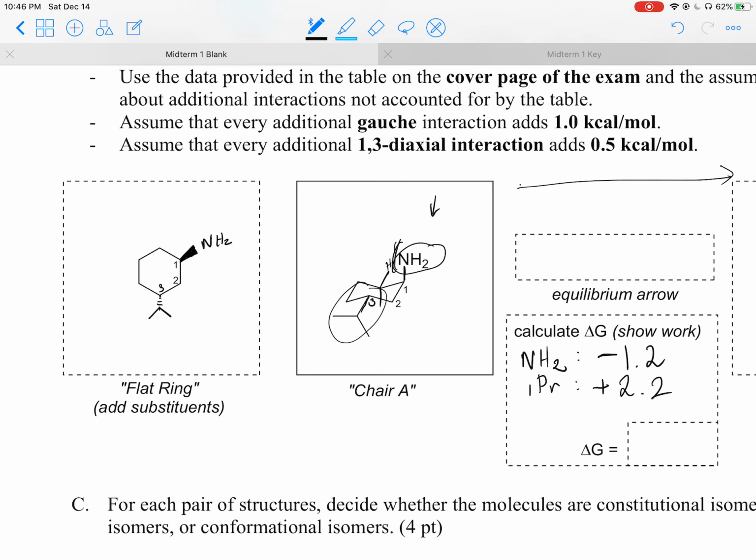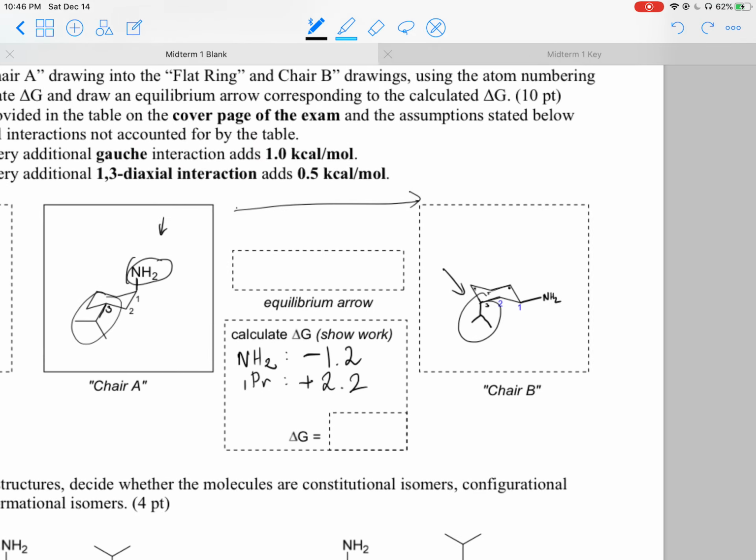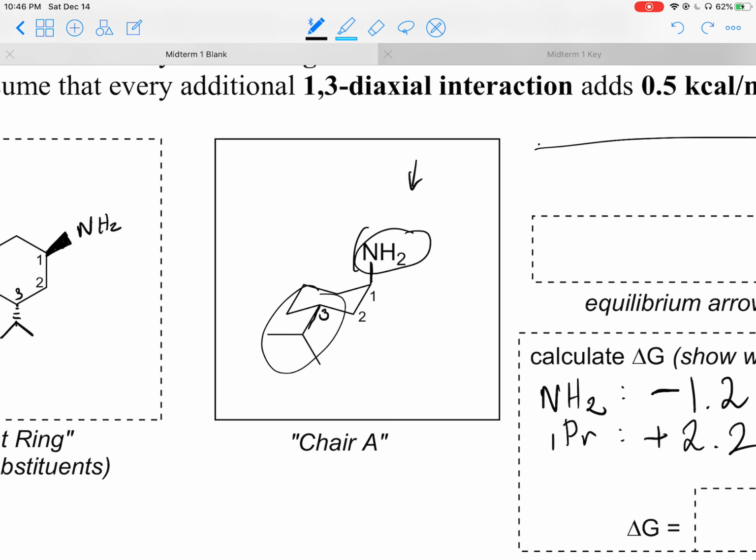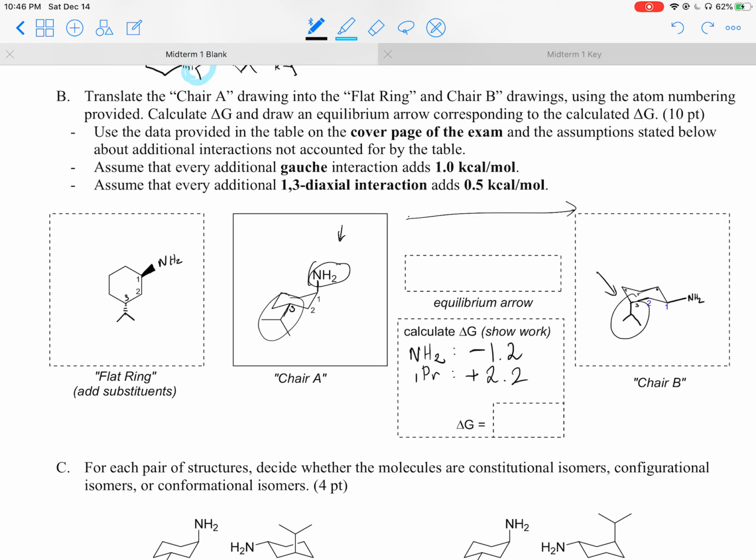There's a gauche here, but that's not an additional one, because the isopropyl will also have a gauche with a hydrogen here, and those are just not as significant. It would altogether even out because there'd be an extra gauche here with the isopropyl and the hydrogen, and then there'd be an extra one over here with the NH2 and the hydrogen. So altogether it evens out. So this is not relevant for this part.